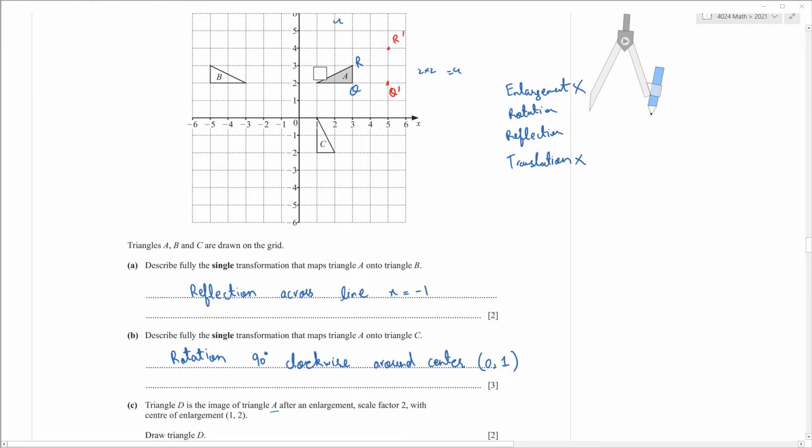So now since you have to draw this triangle, I'll label this P prime. I can draw this triangle D. So this is your triangle D with vertices 5, 2, 5, 4, and 1, 2. So that's how you will draw this triangle D.